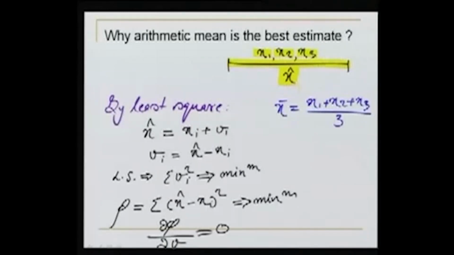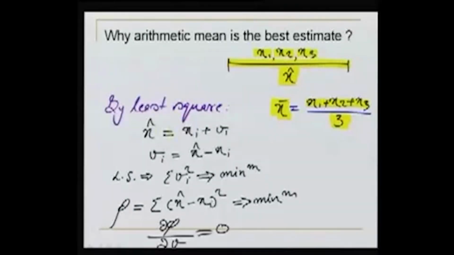How do we do it conventionally? We find the arithmetic mean, which is x1 plus x2 plus x3 divided by 3, because we have got 3 observations. But is this really the best estimate if we carry out the same problem by the least square? This is what we are going to check.